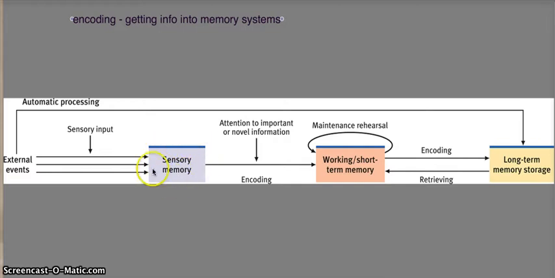This is done from sensory memory to working memory. Sensory memory is that very brief bit of memory where information either is then further stored or it's forgotten forever. That process of moving from sensory memory to your short-term memory is the encoding process. If you pay attention to it, then you can encode it.